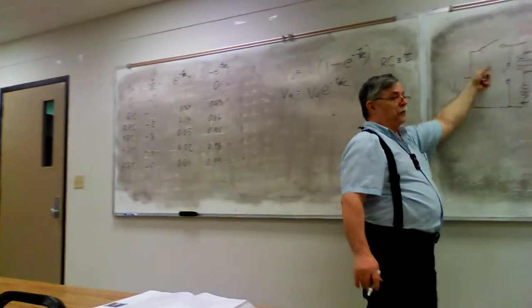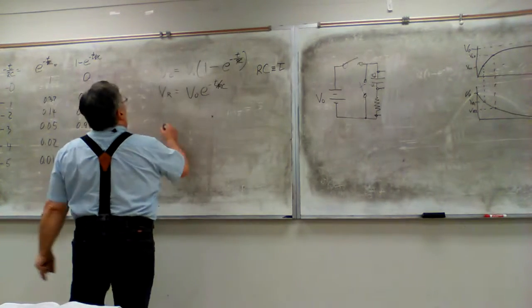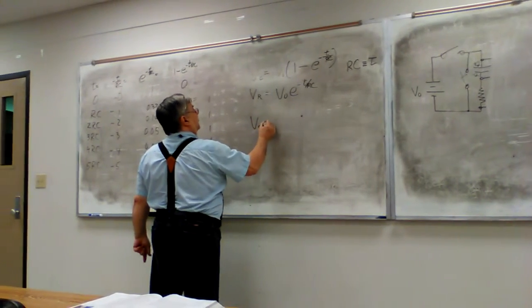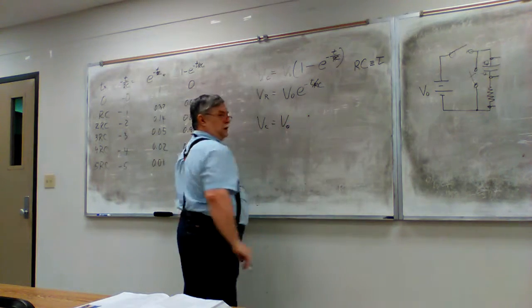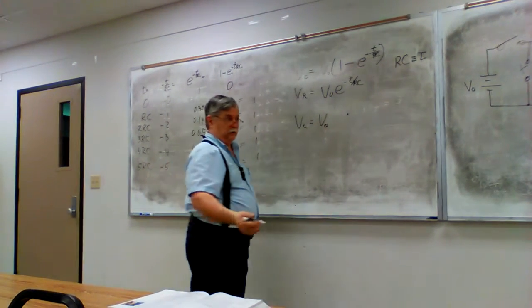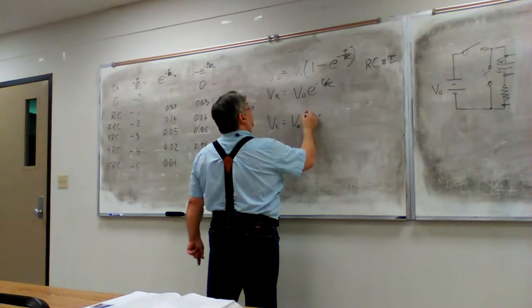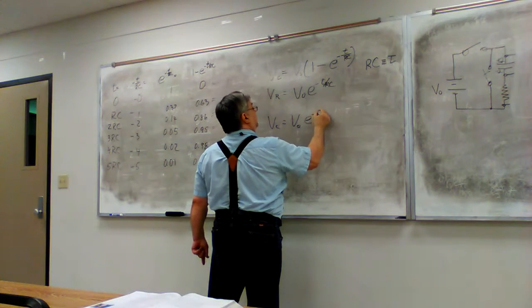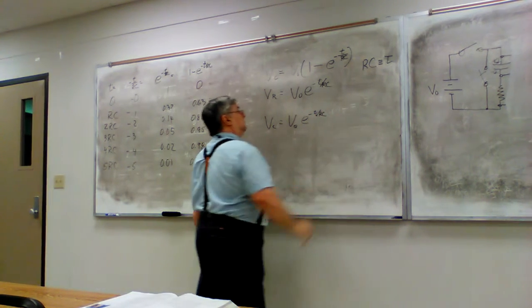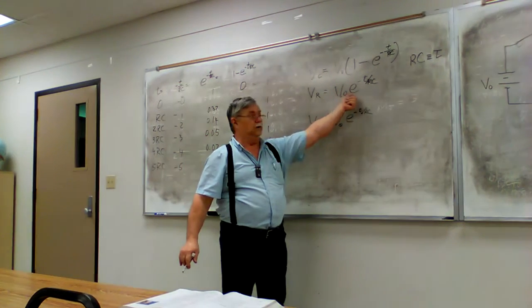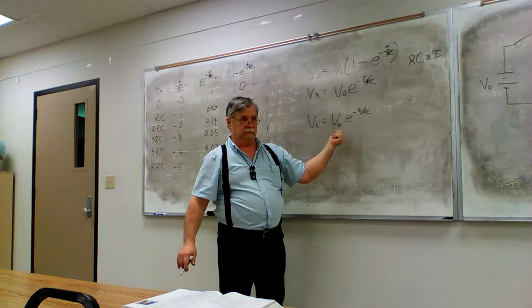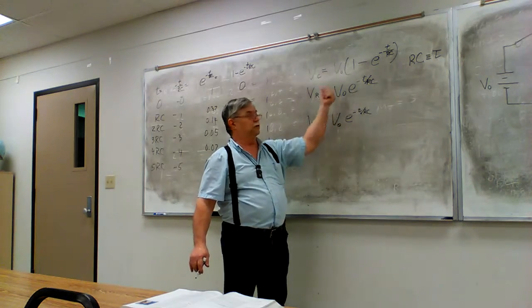When you turn it around and start discharging it, the voltage across the capacitor now is equal to V naught, which is its initial voltage, times e to the minus t over RC. It's the voltage across the capacitor that's decreasing now, not the voltage across the resistor.